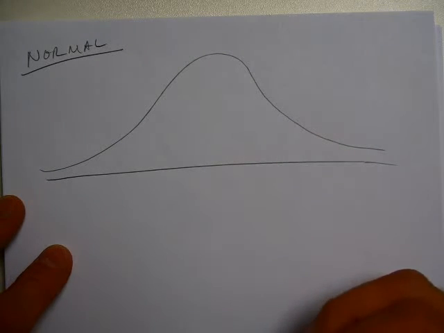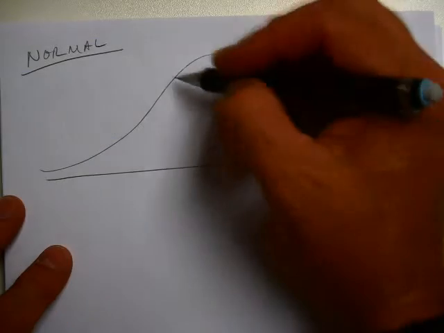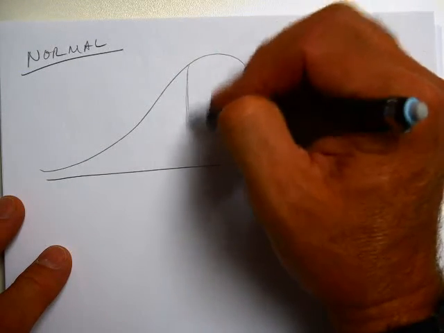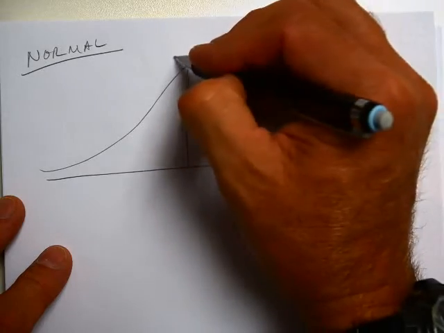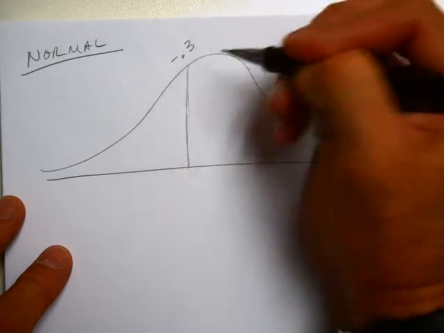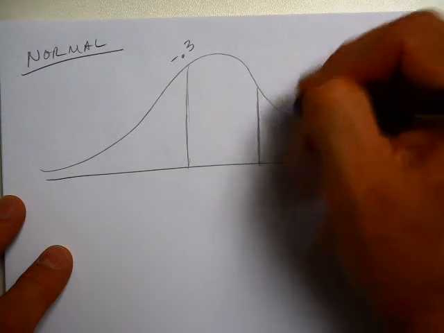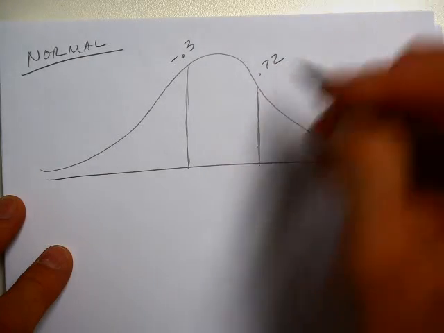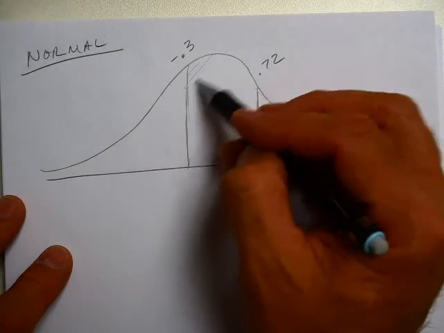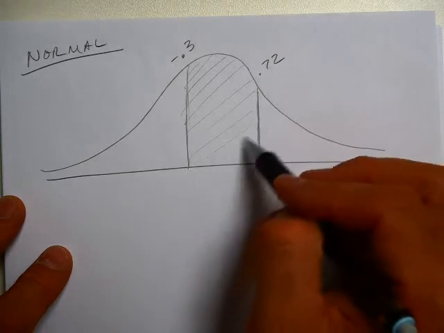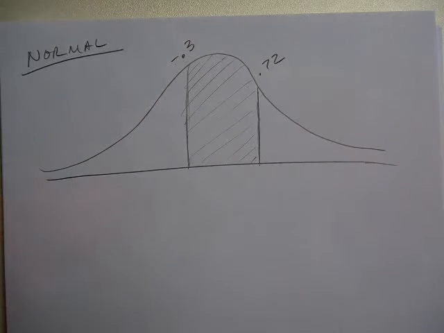And let's say we have some marking spot at negative 0.3 standard deviations and another spot at 0.72, and we want to know what's the area between negative 0.3 standard deviations and 0.72 standard deviations. How do we figure that area out?